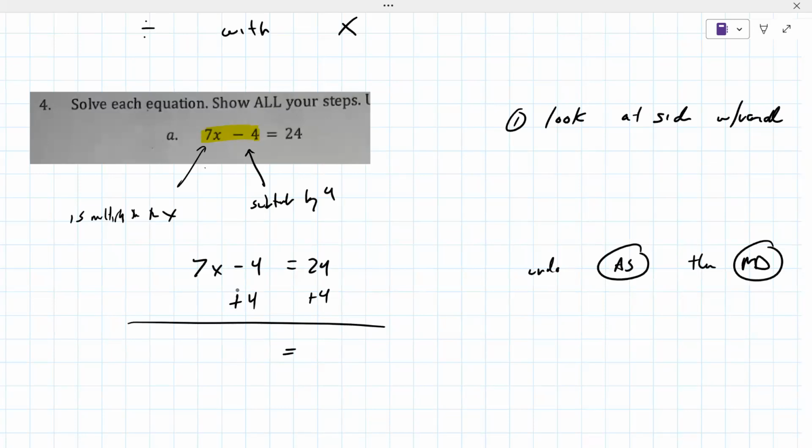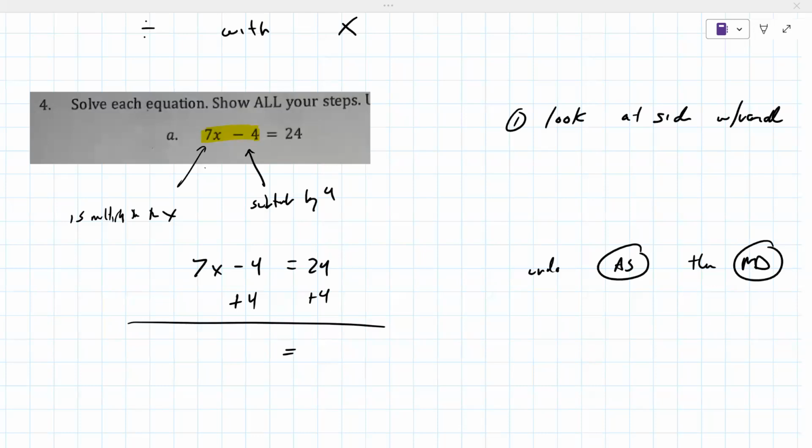Tell me what to write on the left side or the right side. Would it be 8 equals 28? So minus 4 plus 4, they undo each other.